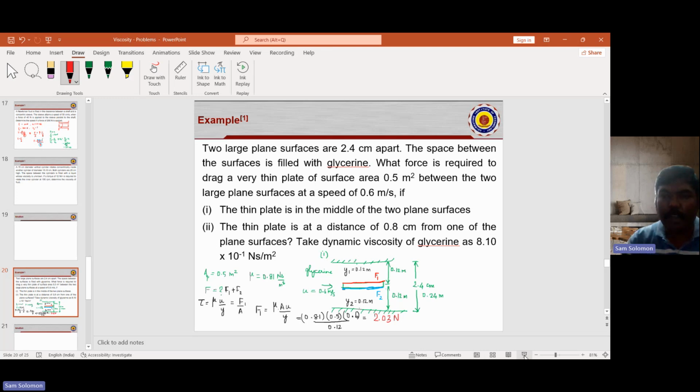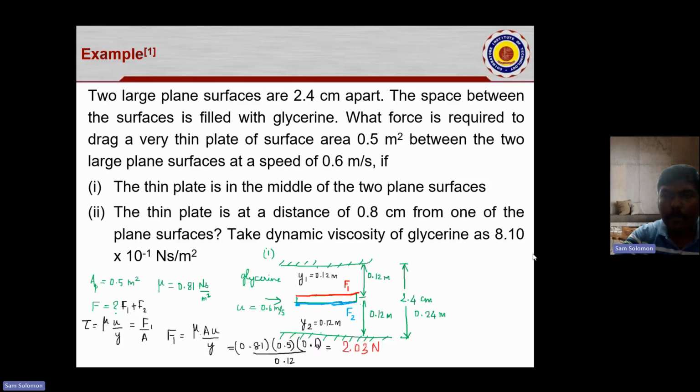We are also supposed to find out the value of F2 as well. So let me use this side of this space which is remaining over here.